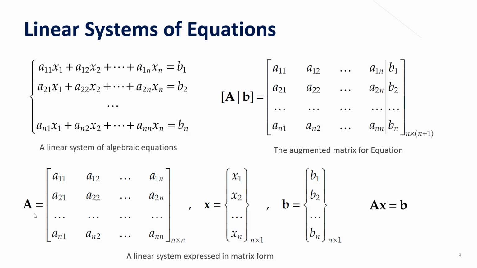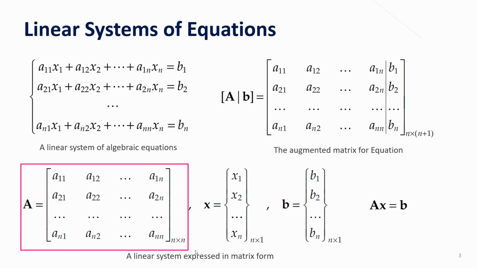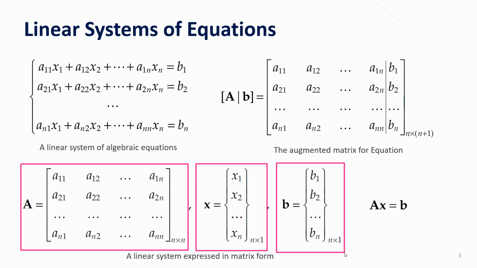Let's say, for example, if we take out each coefficient, we will have matrix A here, which is an n by n matrix. And if we take out the variables only, we have the X matrix, which is n by 1, so n rows and 1 column. In the same way, for the b coefficients, we will have an n by 1 matrix that consists of the values of the right hand side.